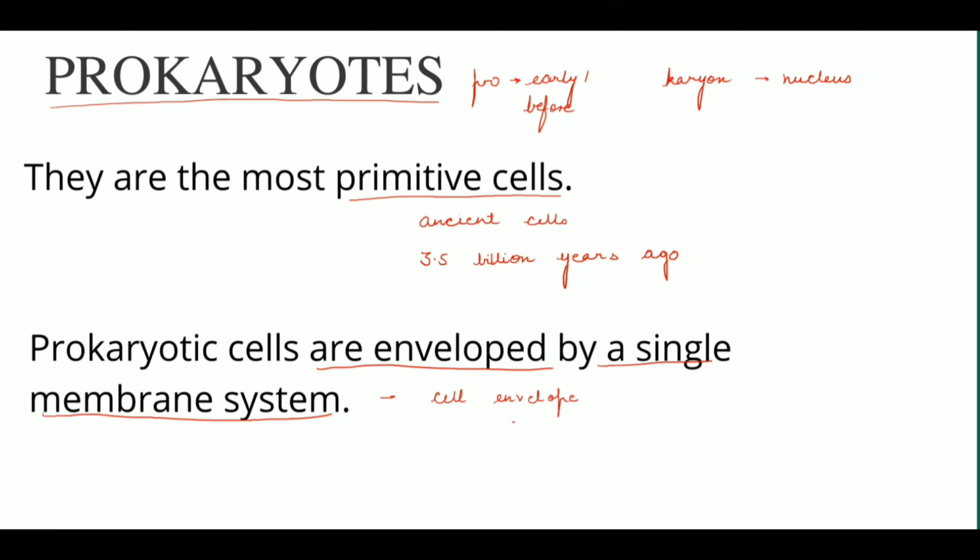And this cell envelope comprises three tightly bound layers: glycocalyx being the outermost layer, cell wall being the middle layer, and plasma membrane being the innermost layer.